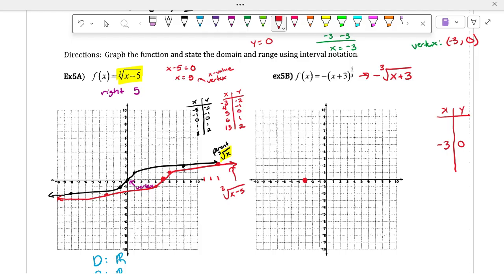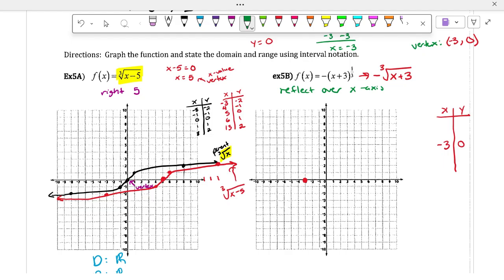Now, before we get into finding more points, let's talk transformations real quick. What transformations are going to happen to this graph based off of the parent function? So it will reflect over x, which in reality, with a cube root function, the reflecting over x just means it's going to go in the opposite direction.